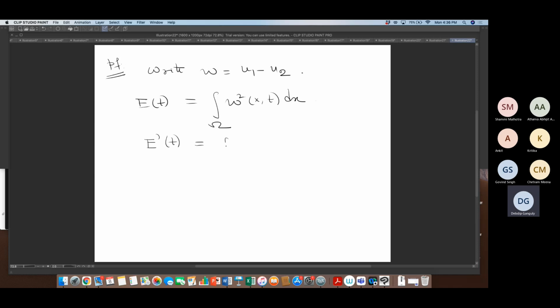E prime t is 2 W Wt. Again you do the integration. W satisfies the equation, you know what the equation is. So E prime t is minus 2 integral of gradient W squared dx, you know this.